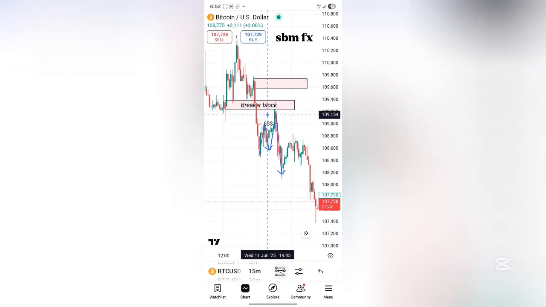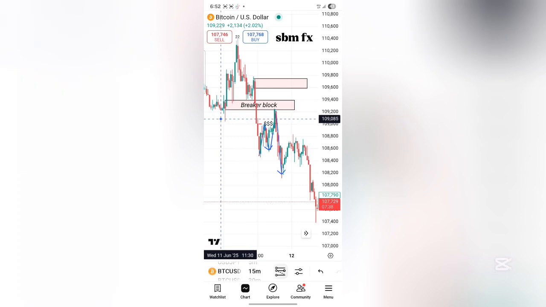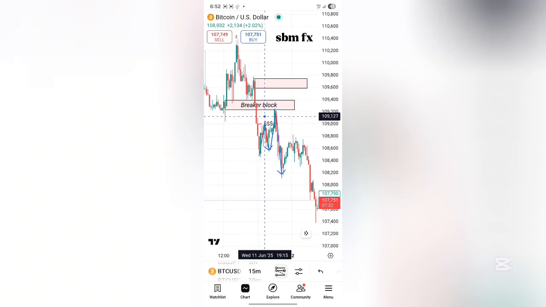The TP is for you to identify and decide, but most times you use the previous price action to determine it. Most times what I use is where liquidity is, where the next place price will be going to grab liquidity will be my TP.